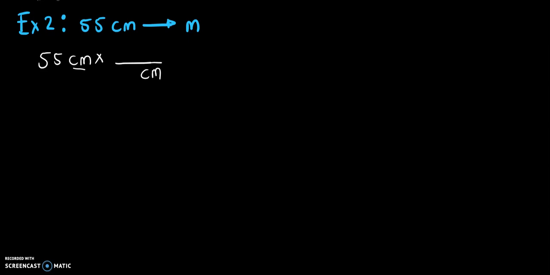And then in the numerator, we put the unit we are converting to, in our case, the meter. Now, what's the conversion factor? 1 meter is equivalent to 100 centimeters. So 1 meter is equivalent to 100 centimeters.